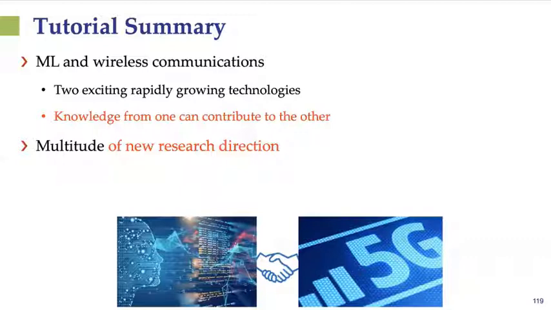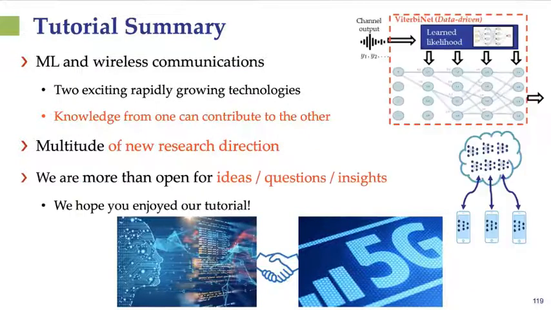There's also a lot of interaction between the two, as we've seen in this tutorial. We can use knowledge from one to contribute to the other, and that's what this tutorial has been about. There's just a multitude of new research directions, and we've barely touched on them here.